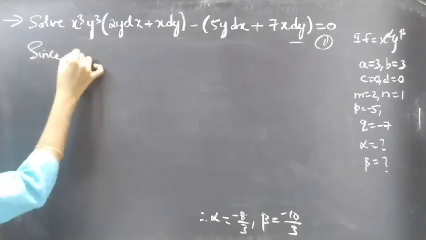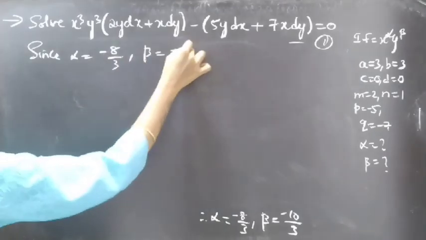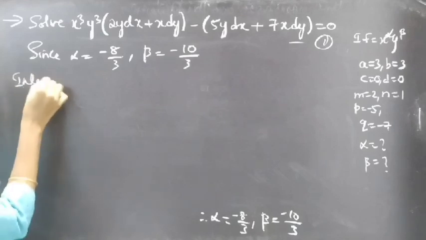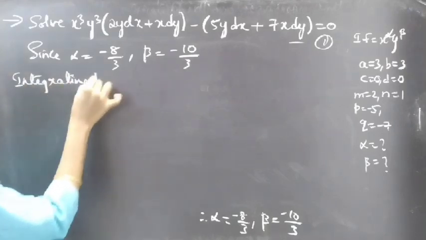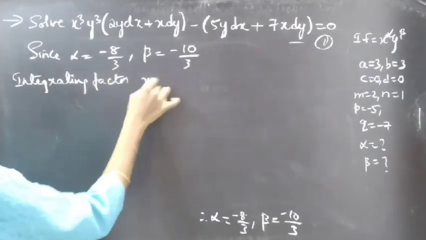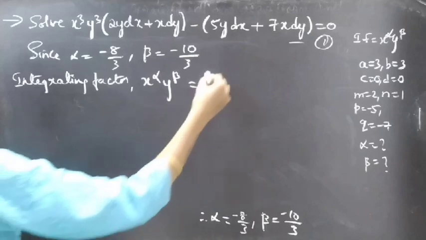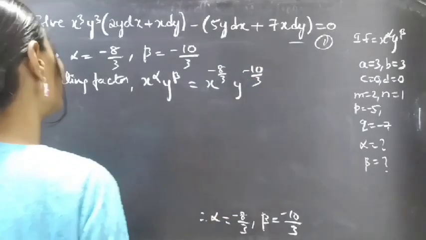Since alpha equal to minus 8 by 3 and beta equal to minus 10 by 3, the integrating factor x power alpha y power beta becomes x power minus 8 by 3 y power minus 10 by 3.